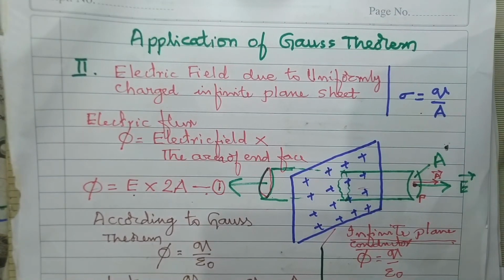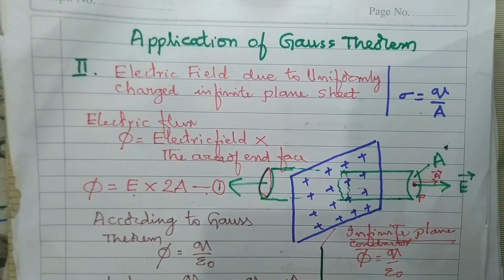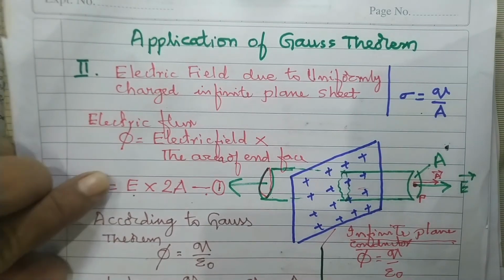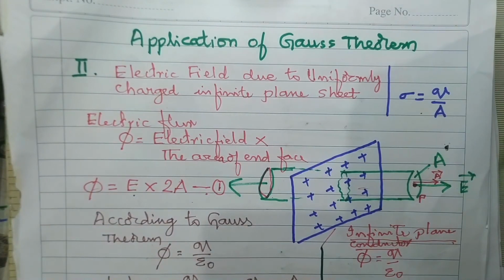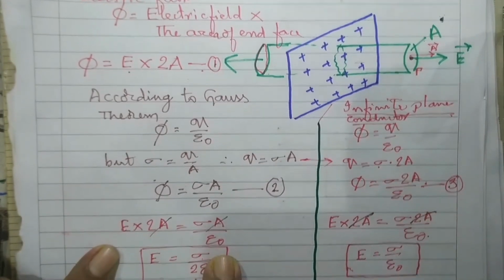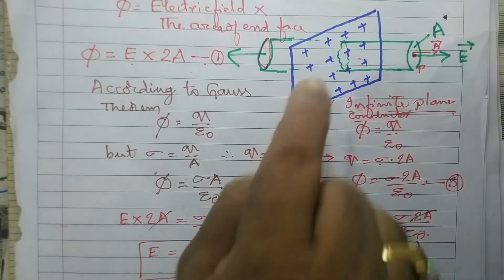Cross multiplying, we get q is equal to sigma a. That sigma a we substitute here: phi is equal to sigma a by epsilon 0. Now the first equation says E into 2a is equal to sigma a by epsilon 0. So E is equal to sigma by 2 epsilon 0. This is for this case.